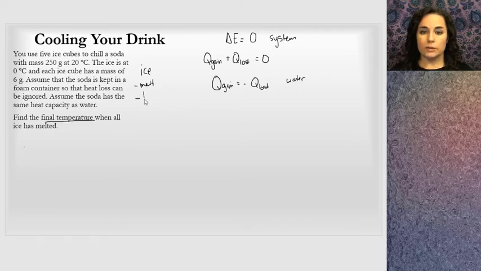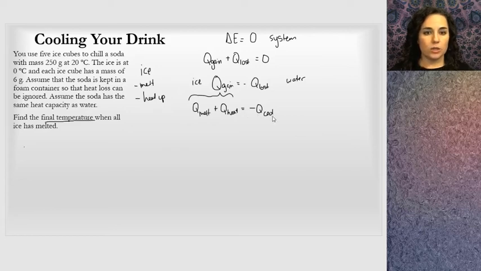Once it melts, it will heat up. So there's going to be 2 terms over here on the gain side for the ice. So let's account for this. We're going to have Q for melting the ice plus Q for heating the ice, and that has to equal negative Q for cooling the water over on this side.